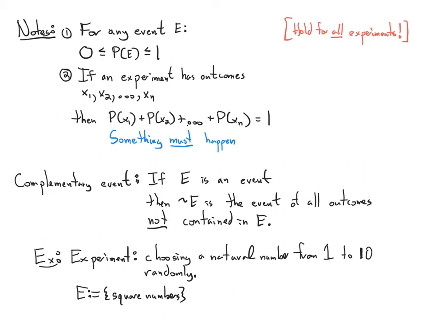If there were any more, we'd list them. So the probability, it's "or," so we add them together. All of these are mutually exclusive, so we don't have to worry about any sort of double counting. So if we sum the probabilities of the outcomes, we get 1. Something must happen. Either x1 happens or x2 happens, etc. So the probability, if we add up all of these, is 1.